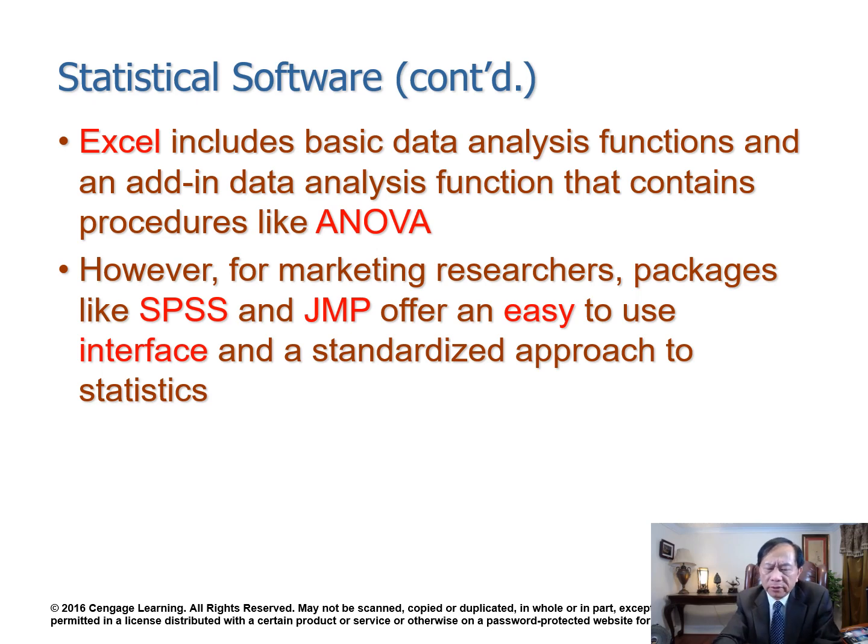For marketing researchers, packages like SPSS and JMP offer an easy-to-use interface and a standardized approach to statistics. Basically, if you know how to use the one in Excel, you should be able to easily adapt to SPSS and JMP, which is more user-friendly.